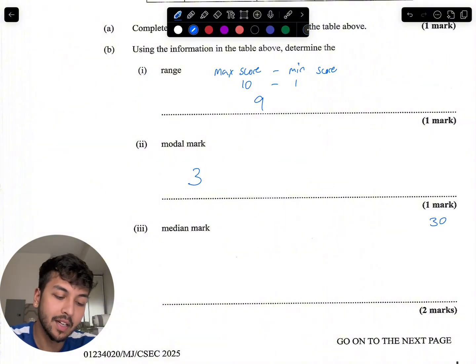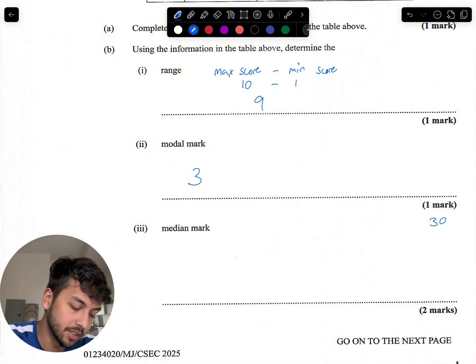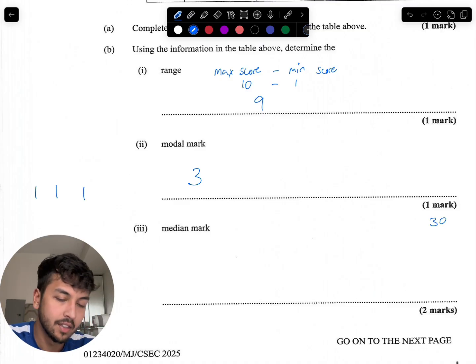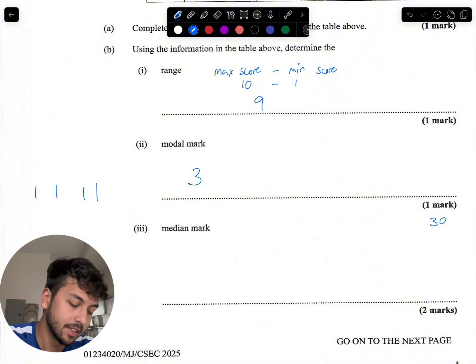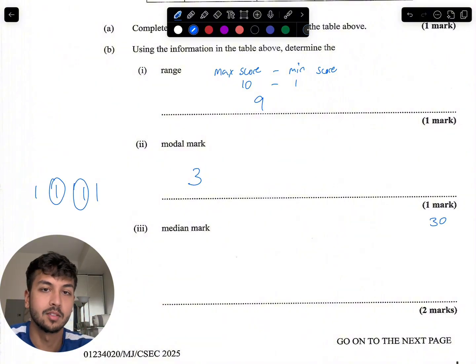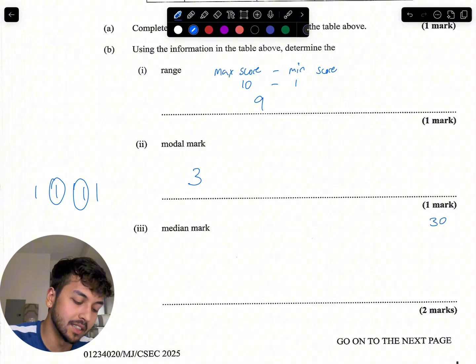For example, if you have 3 scores, like score 1, 2, and 3, the median is the one in the middle, right? But if you have an even number, then we'll have 2 middle values, right? Because for an even number, there's no exact middle.